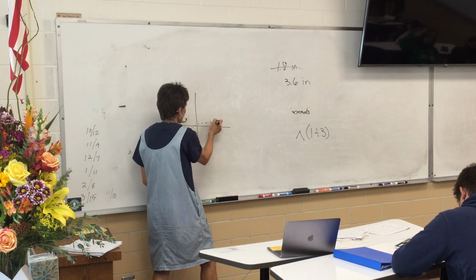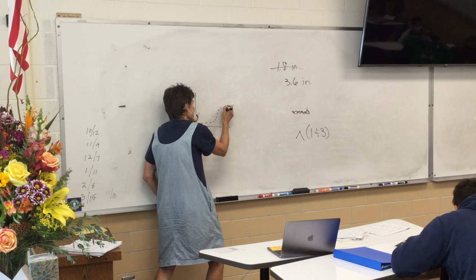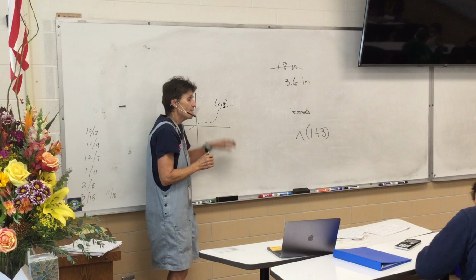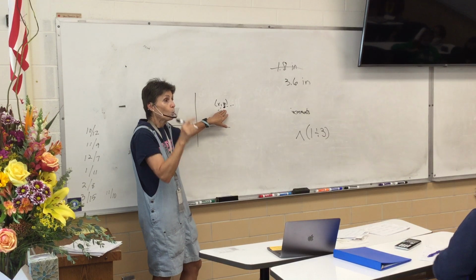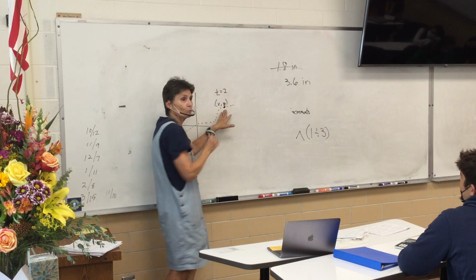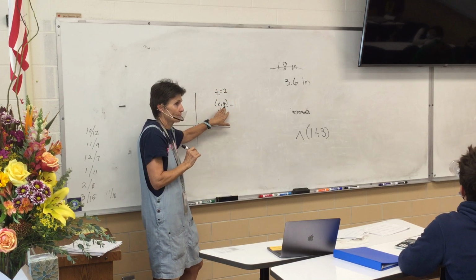So here he is moving along. This is a point, x comma y. Would you agree with that? That is the point where the car is at, let's say, t equals 2. That's where he is at 2 minutes.